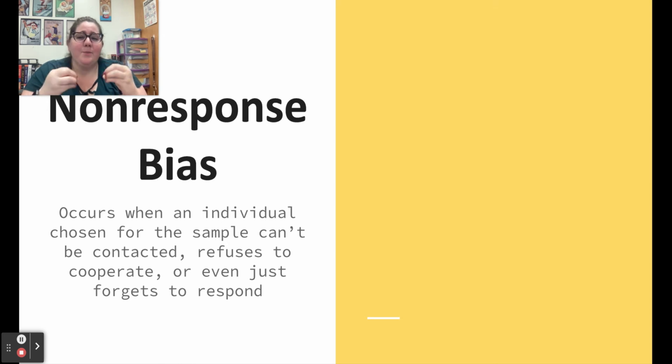This one feels very similar to voluntary response bias, but it's a little different in that we, as the samplers, the pollers, the statisticians, do actually pick a sample, maybe even pick it randomly, and are trying to be really good about getting a representative sample. But for some reason or another, part of our sample doesn't respond. So we usually end up with very biased answers. The reasons that those people don't respond cause us to get one type of answer more than another.